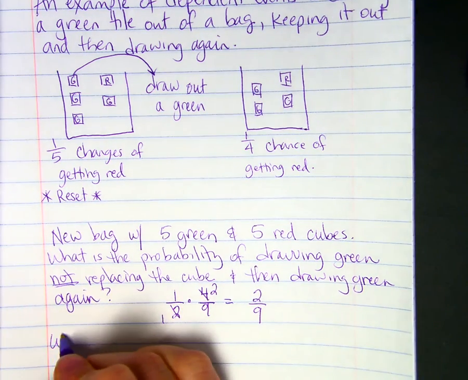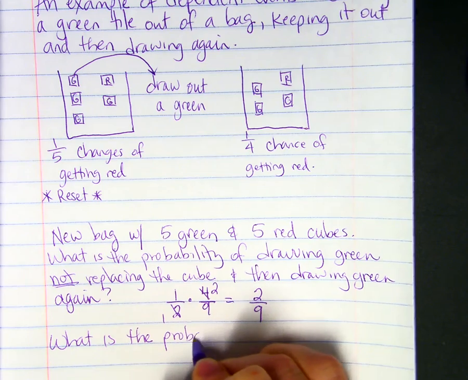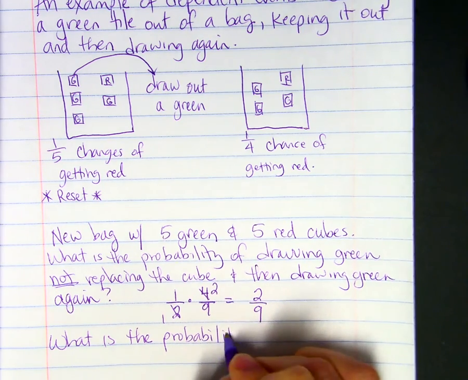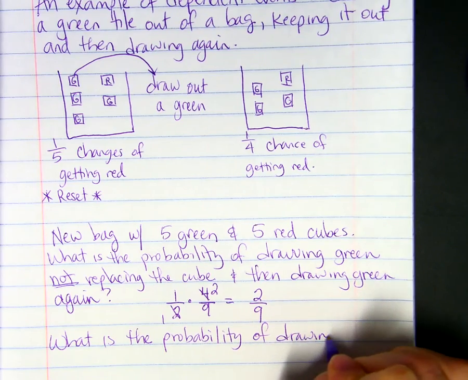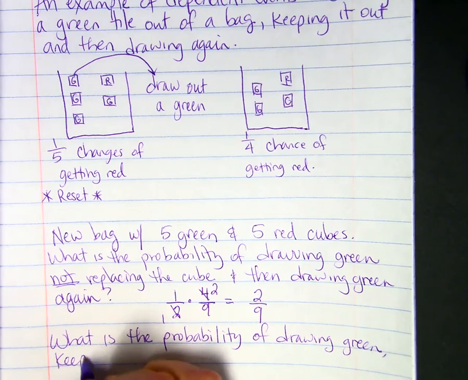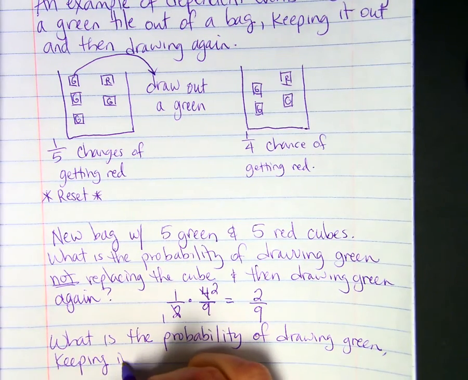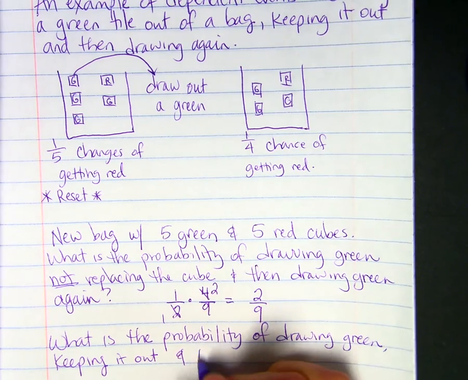How about, what is the probability, and we're going to use the same bag, of drawing green, keeping it out, and then getting a red.